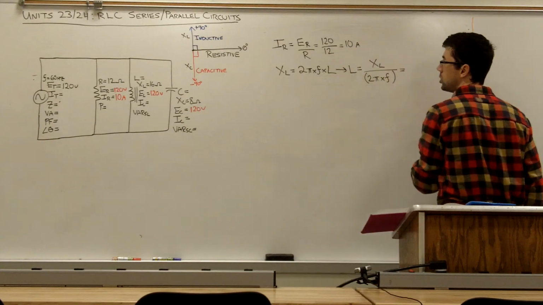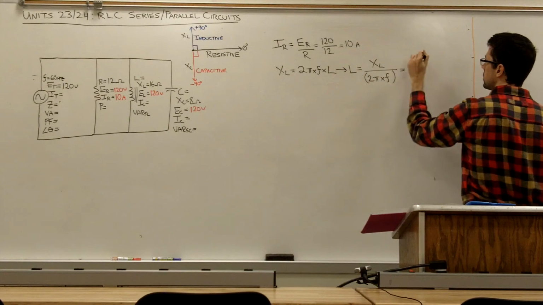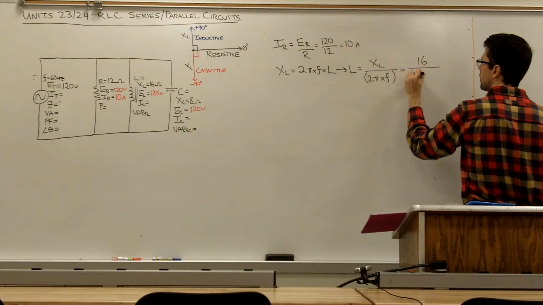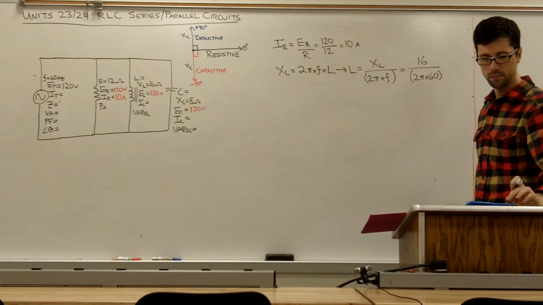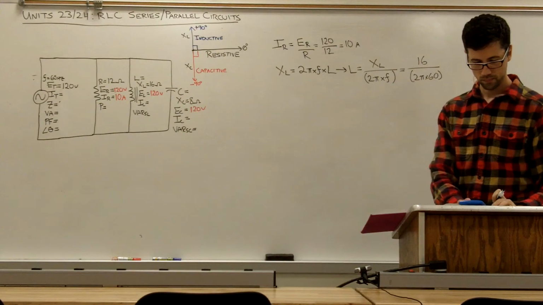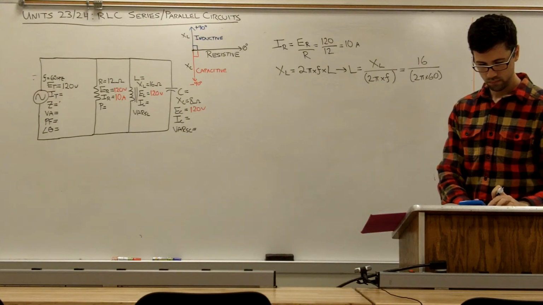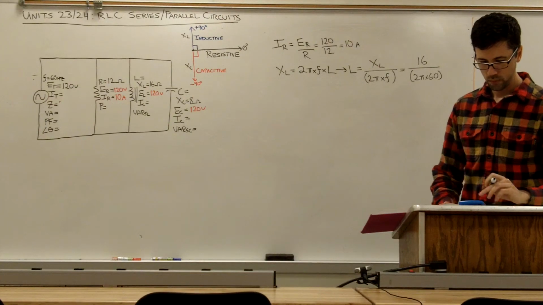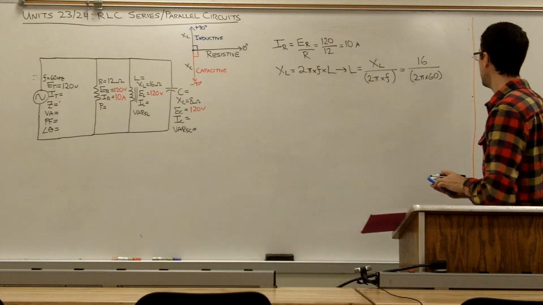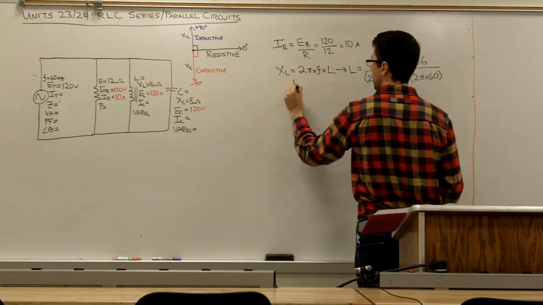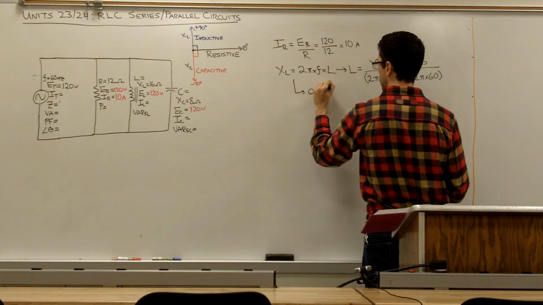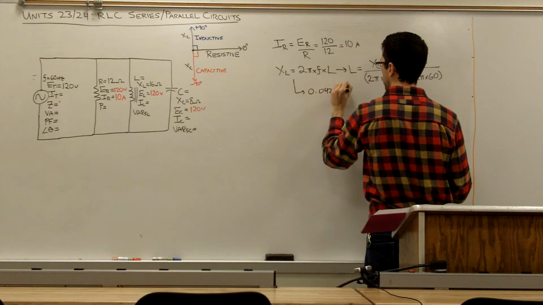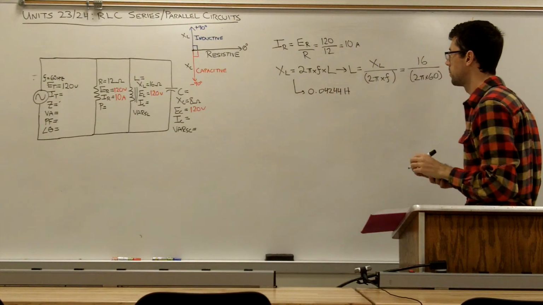So that is equal to 16 divided by 2 pi times 60, which gives me an inductance of 0.04244 henries.